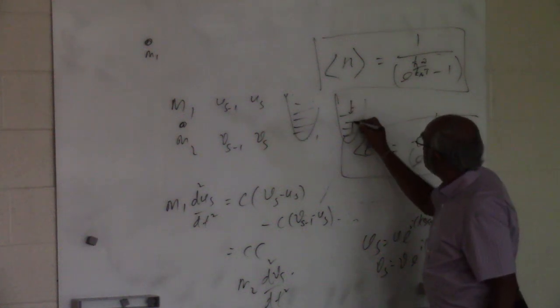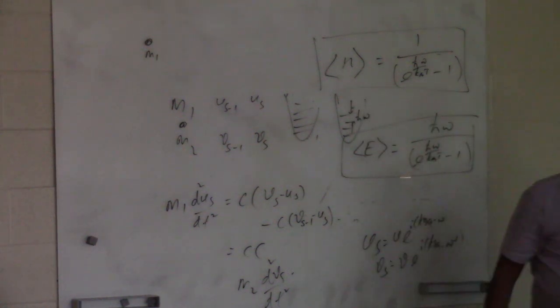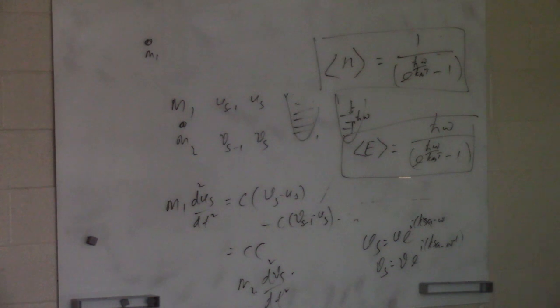If you take this energy, this is h cross omega. So it has these quantized energy states, right? That's what the harmonic oscillator is. Now, since this is a wave, we know waves always carry energy, right? Any wave can carry energy and momentum.